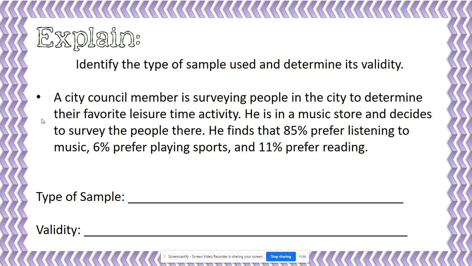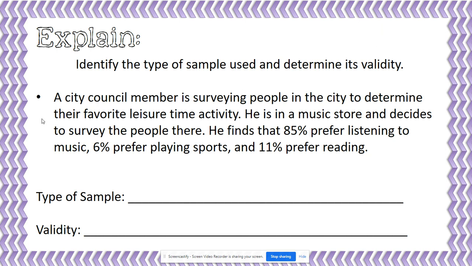I noticed that the city council member wants to know about people in the city, and he decides to survey the people in the music store because he is in the music store. Because he's surveying people who are in the same place as him, I would consider this a convenience sample because he's surveying people who are close to him, but they don't necessarily represent everybody in the city unless everyone in the city is at the music store.